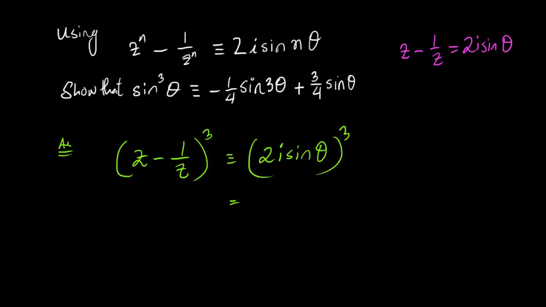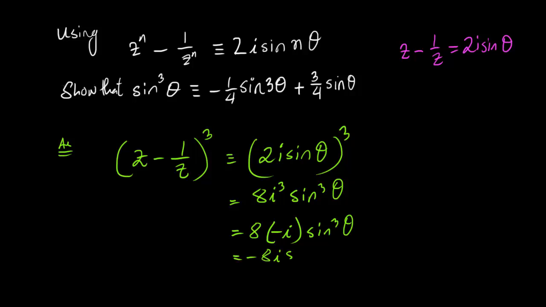So this turns out to be 2 to the power 3 is 8, i to the power 3, and we have sine cubed theta. Now i cubed is i times i squared, which is minus i, because i squared is minus 1. So this is minus 8i sine cubed theta.